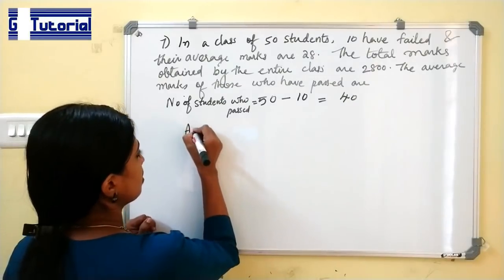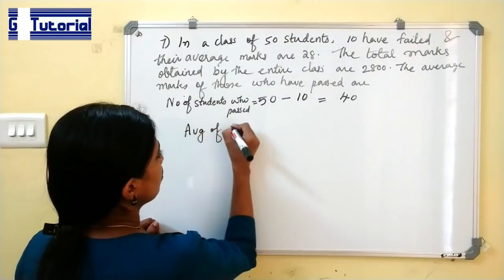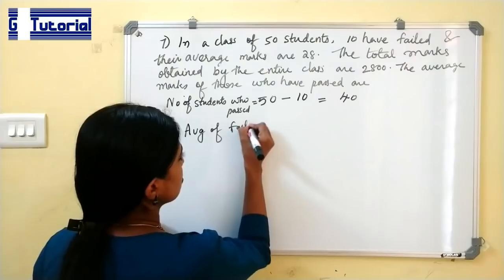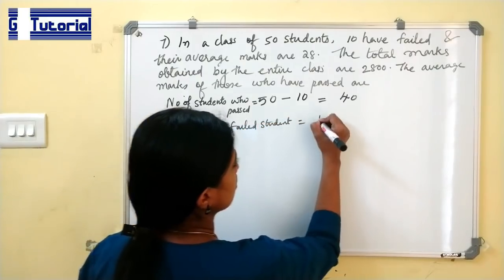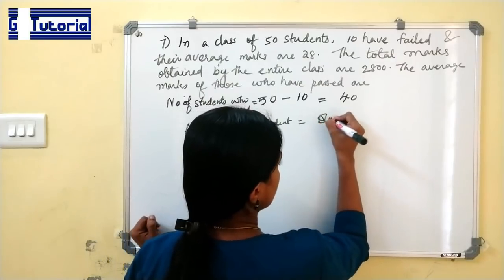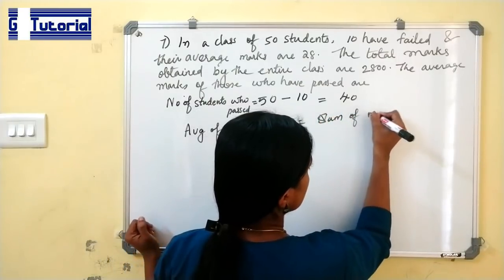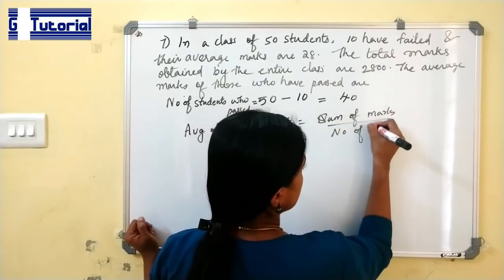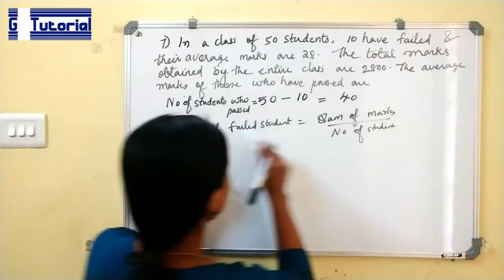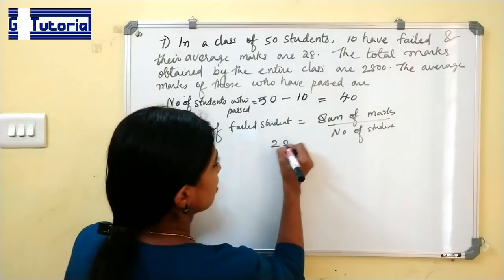So average of failed students is equal to sum of marks by number of students. So average of failed students is given as 28.